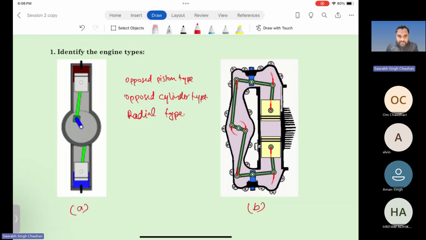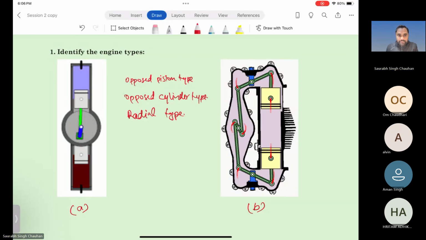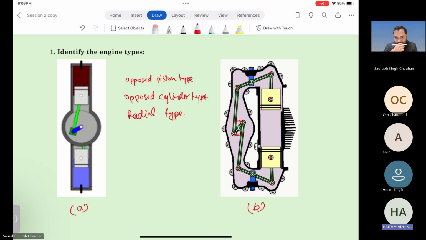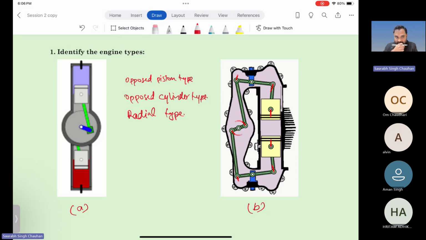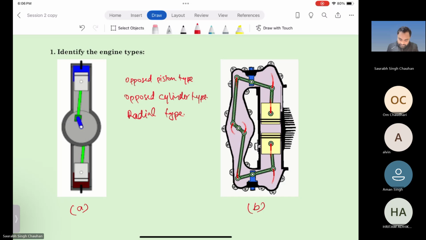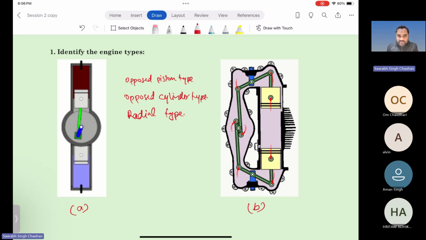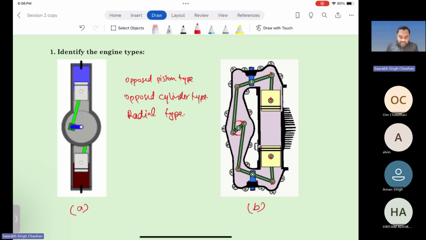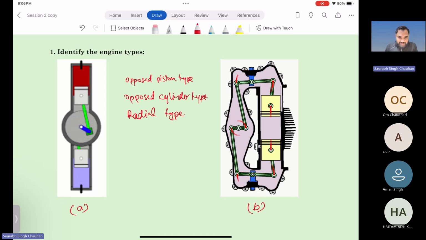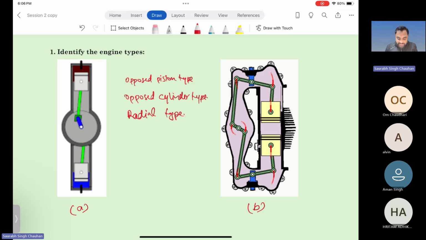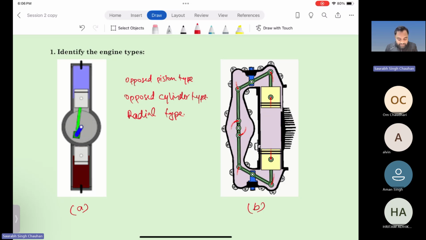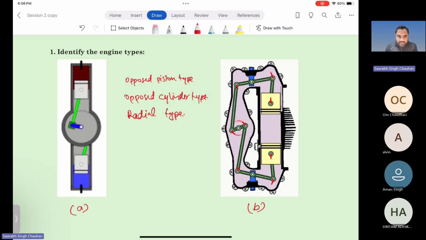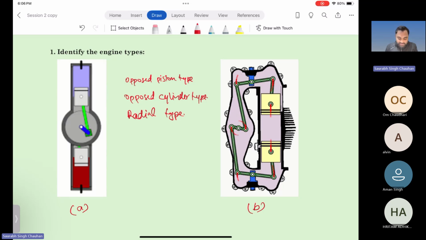Which type of engine is engine A? Sir, opposed cylinder. Okay, and opposed cylinder because there are two cylinders and they are opposite, along one same line, but in opposite directions, right? And there is one same crankshaft connecting with the pistons of both cylinders.